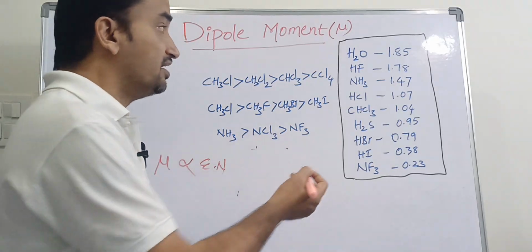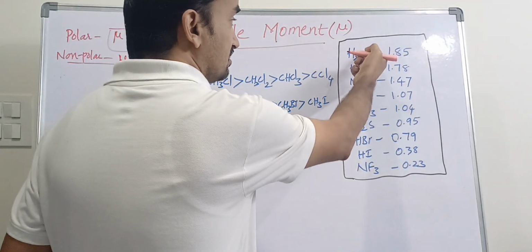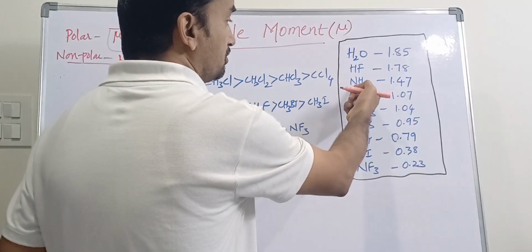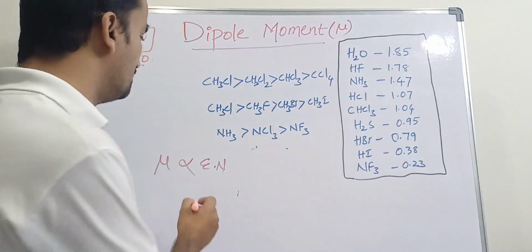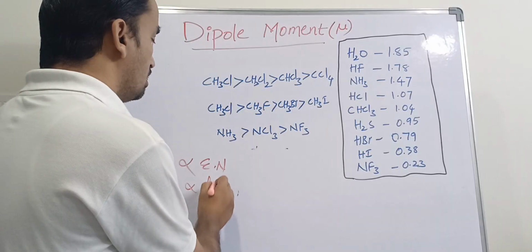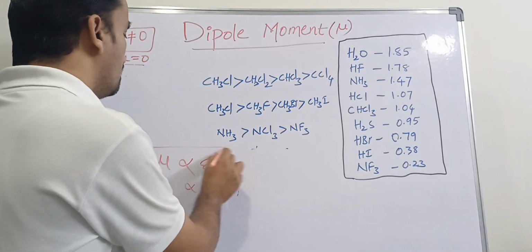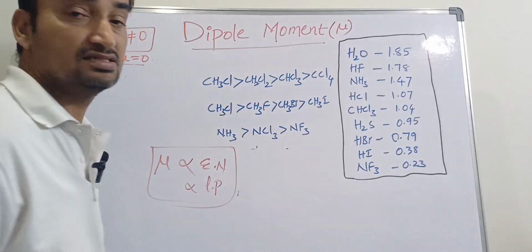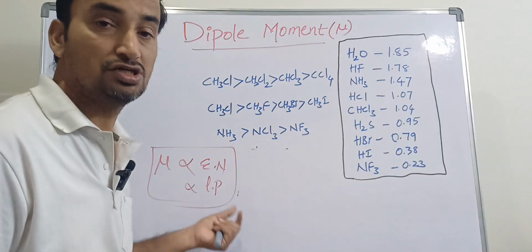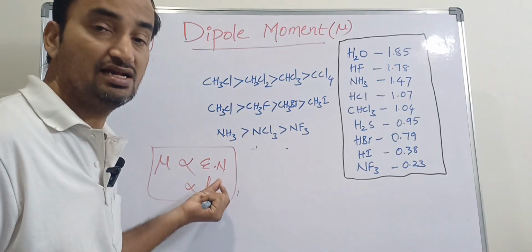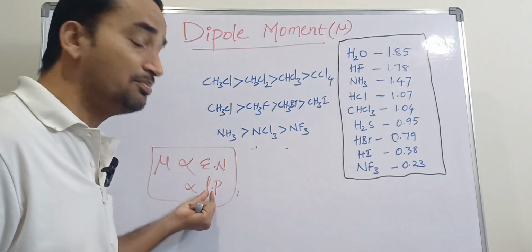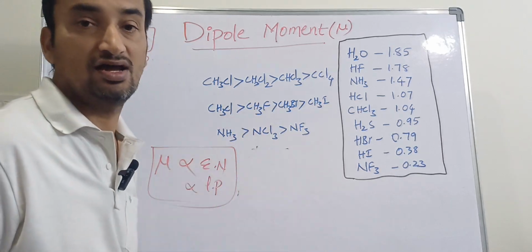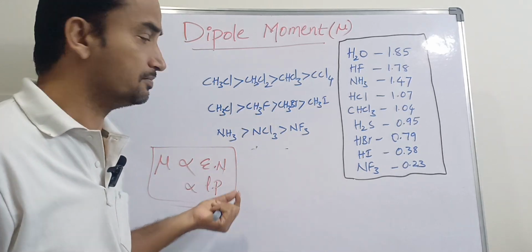Now another factor is the lone pairs, like oxygen and nitrogen, which possess lone pairs. So it is also directly proportional to the lone pairs. So dipole moment is directly proportional to these two factors. As the electronegativity of the atom increases, mu value also increases. As the number of lone pairs increases, mu value also increases. Okay.